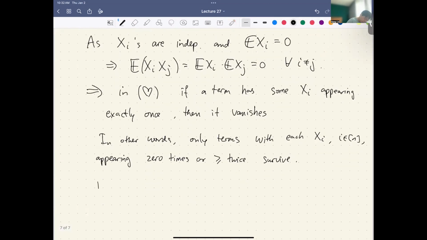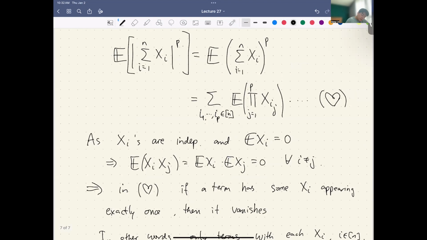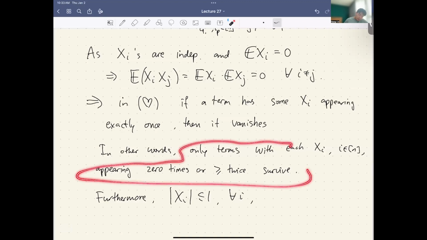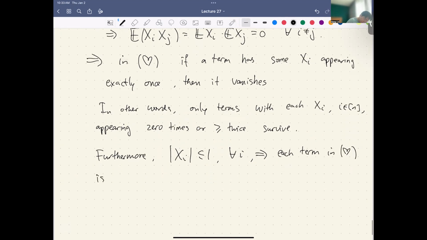So for this pth moment, all these terms survive, and each term is at most one.